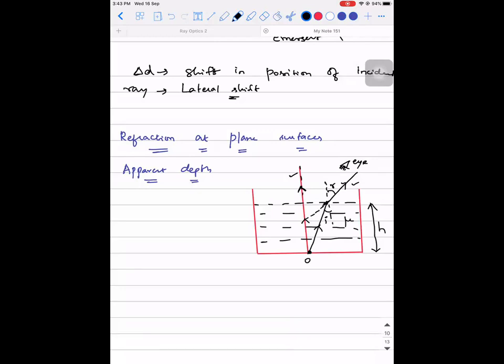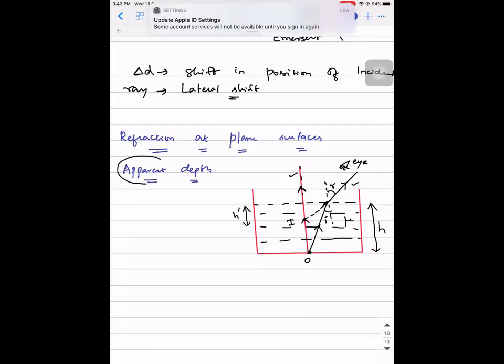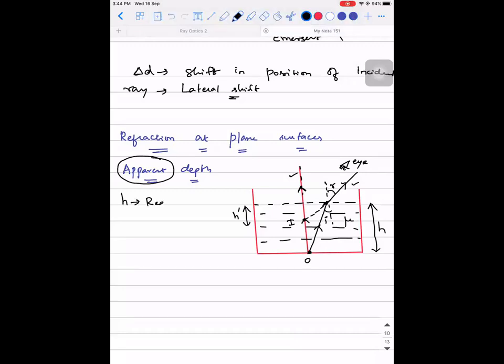So when you elongate it in the backward direction, this will be the point where the image is formed. Means this depth is going to be h dash, and this depth is what is called the apparent depth. Okay. Then what we can write is h is called the real depth, h dash is called the apparent depth. Okay. Then OI is called the apparent shift.